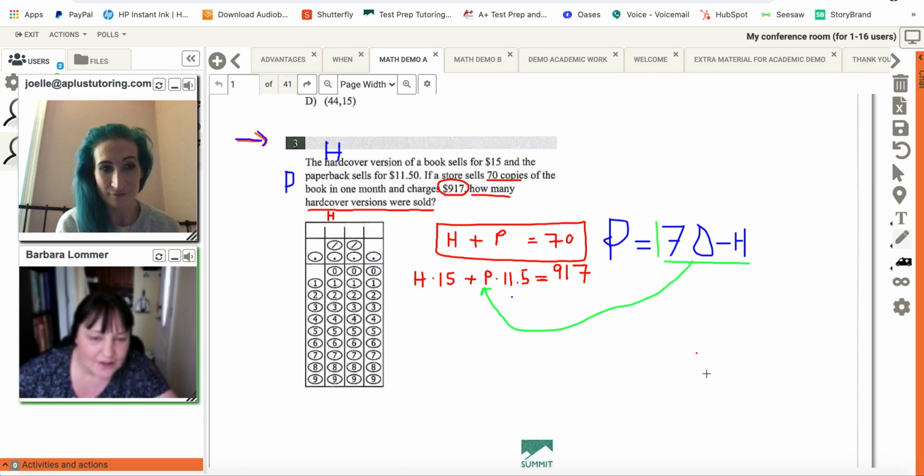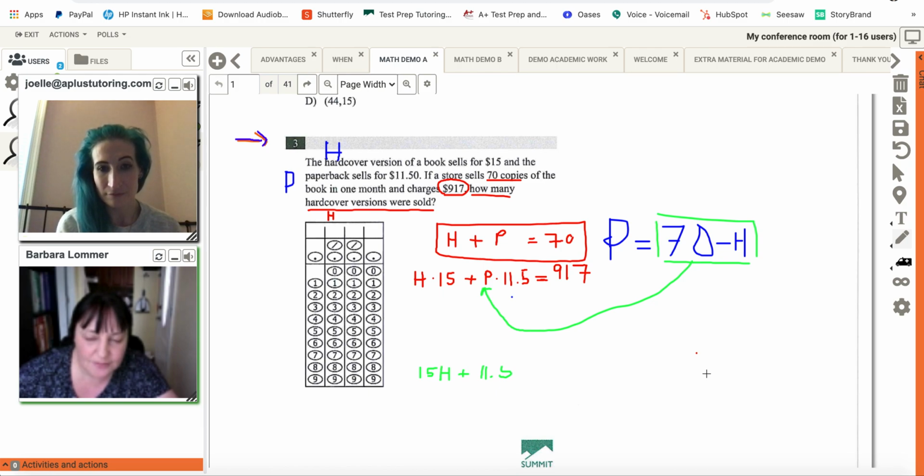I will immediately turn the format around, by the way, to make it look more like a math problem. So 15H, customarily the variable goes second, plus 11.5. And now, very important, we have an expression, so we have to set our parentheses.